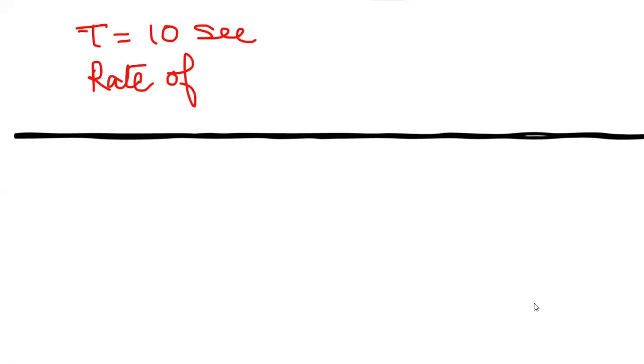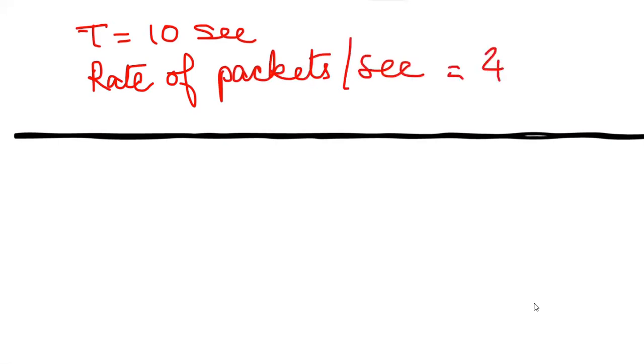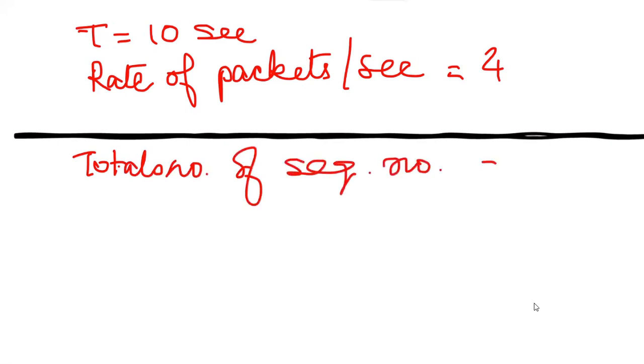Say T is 10 seconds, and my rate of packets per second is say 4, then the total number of sequence numbers I can send will be 40. Okay, 10 into 4.